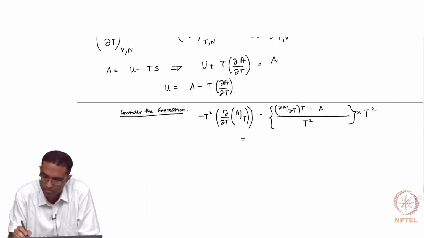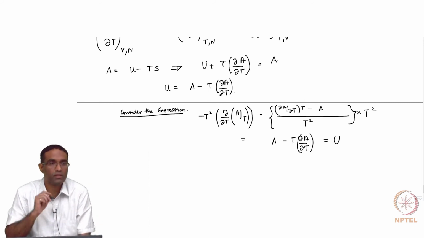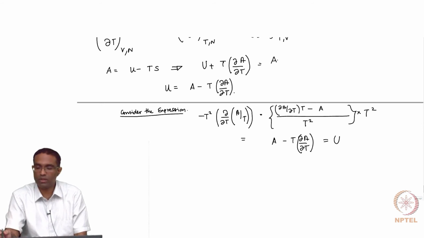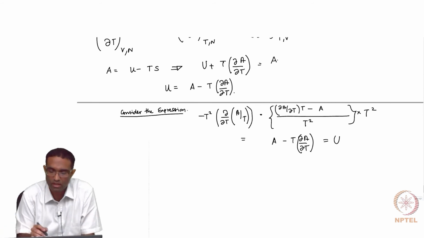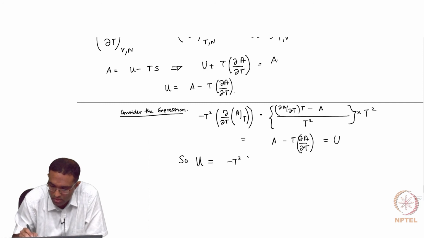I have to do some manipulations. Just look at this expression here. Minus 1 by T square dou by dou T of A by T is nothing but, using basic calculus, A minus T into dou A by dou T, which is nothing but U. Correct?